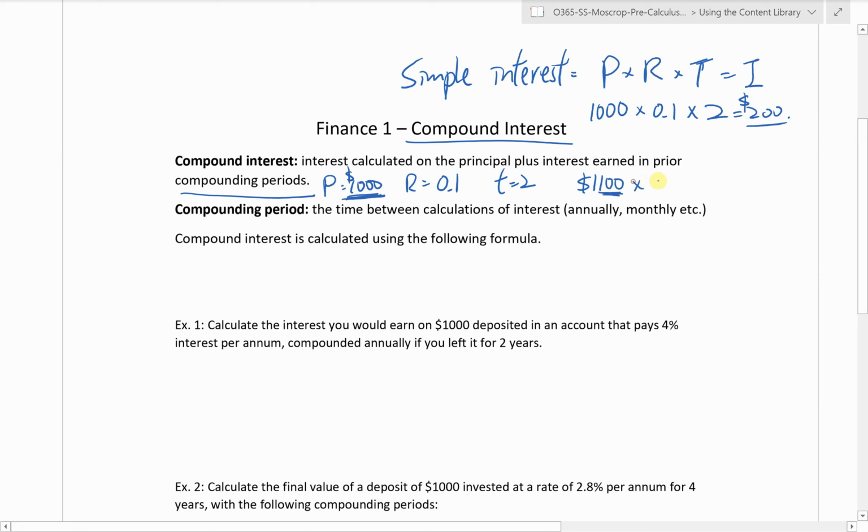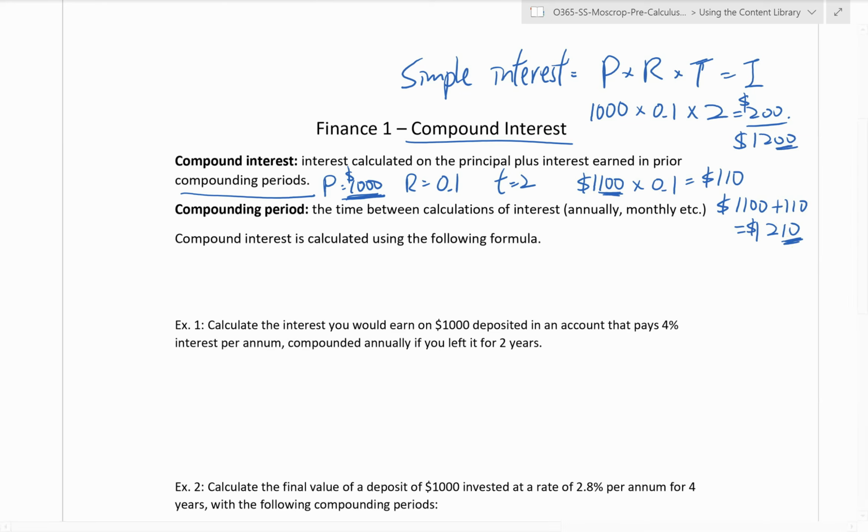So you multiply this by another 0.1, and now your interest is $110. By the end of 2 years, your total amount is $1,100 plus 110, which is $1,210. Notice if you earn simple interest, this is going to be $1,200. So by compounding interest, you actually earn $10 extra in 2 years.